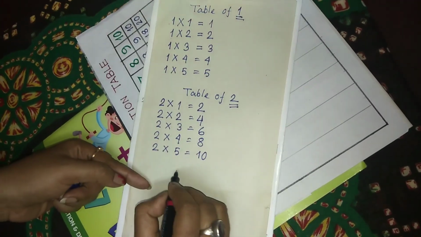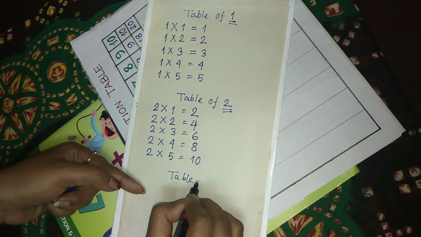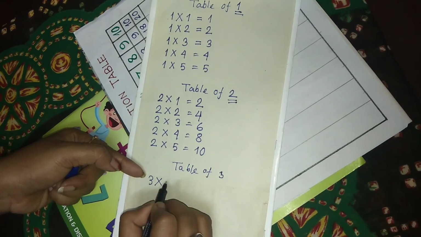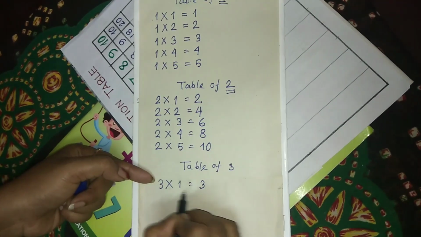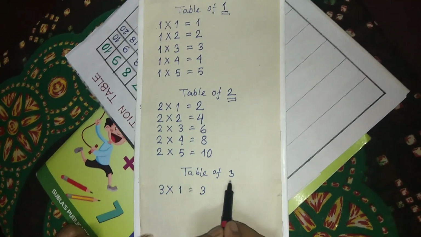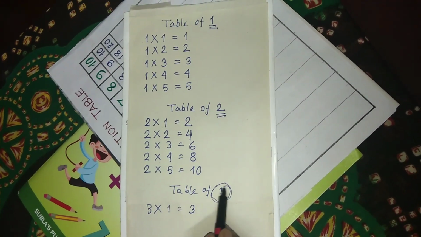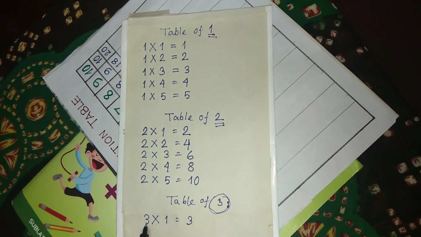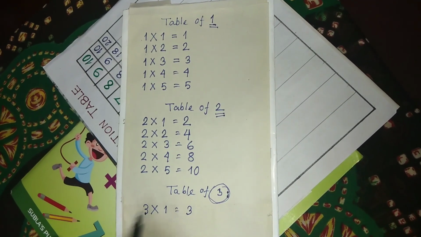Again, when you have to write the table of 3, then you will write 3 multiplied by 1 is equal to 3. 3 ones are 3, like this. Okay. So when you write the number of the table, you should always keep it on your left side.